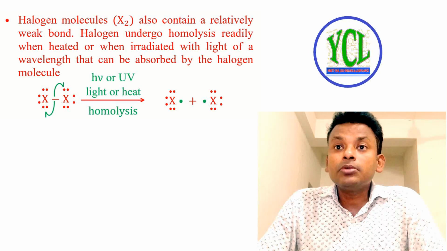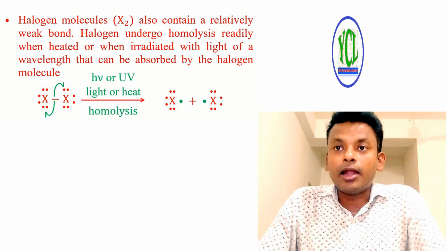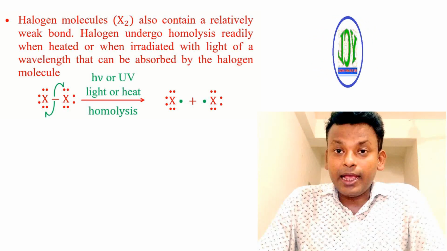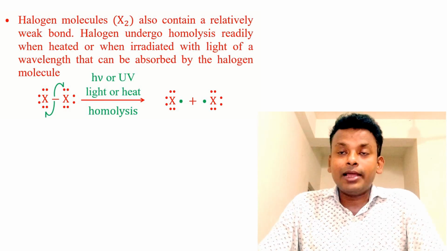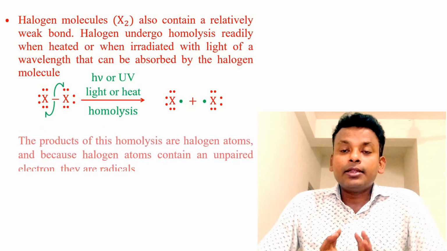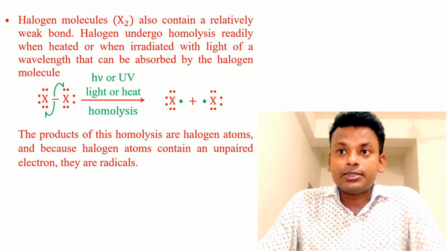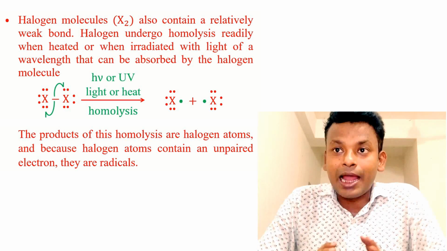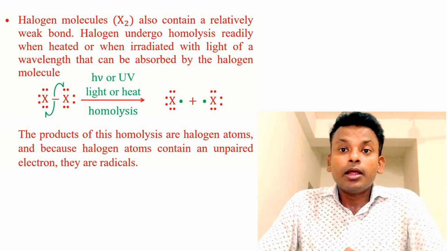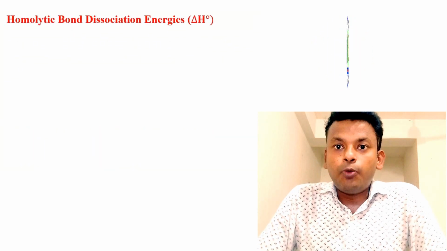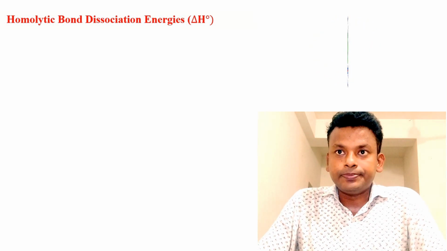From the given reaction, XX forms X dot in the presence of UV light, sunlight or heat. The products of this homolysis are halogen atoms, and because halogen atoms contain an unpaired electron, they are radicals.